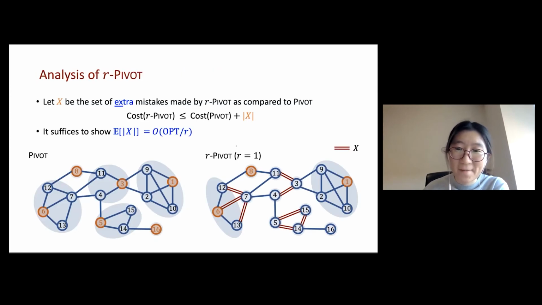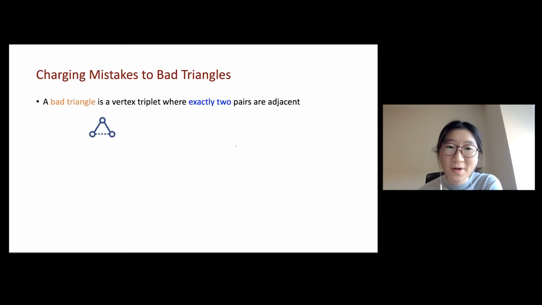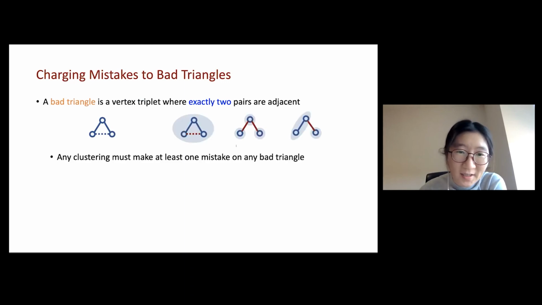So how do we bound the size of X? We use the standard framework of charging the mistakes to bad triangles, where a bad triangle is a triplet of vertices where exactly 2 pairs are adjacent. Bad triangles are very useful because any clustering must make at least one mistake on any bad triangle.